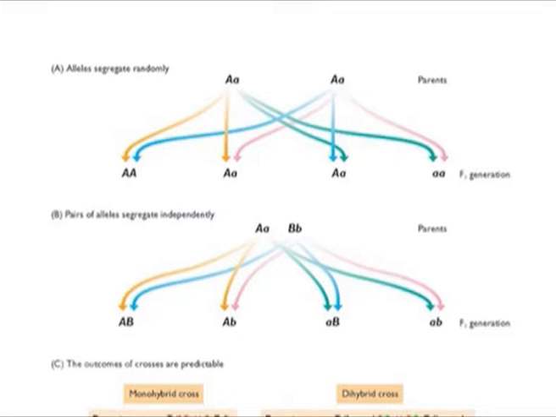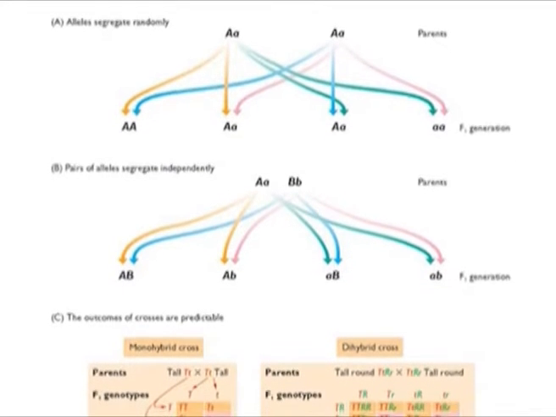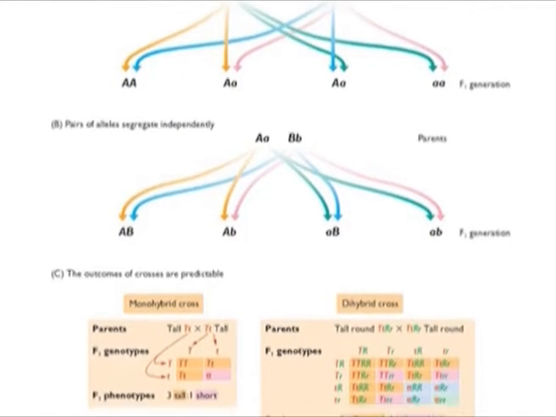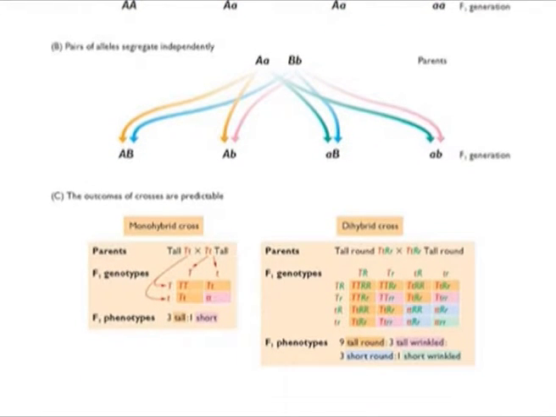The second law is that pairs of alleles segregate independently, so that inheritance of the alleles of gene capital A is independent of inheritance of the alleles of gene capital B. Because of these laws, the outcomes of genetic crosses are predictable.